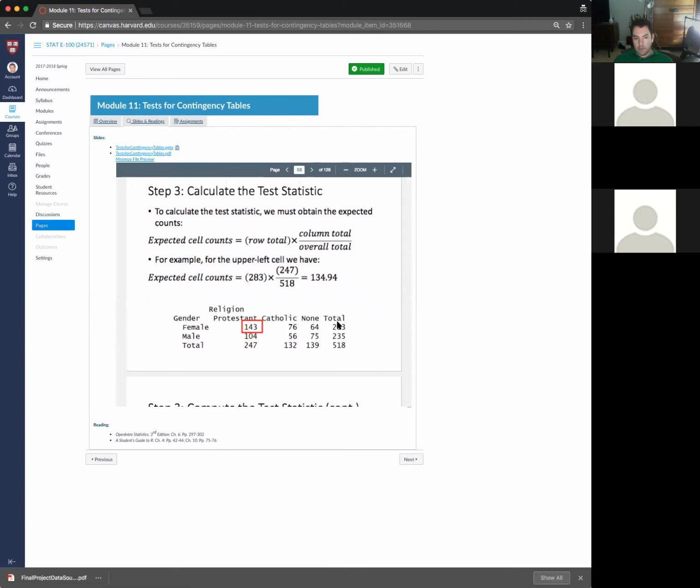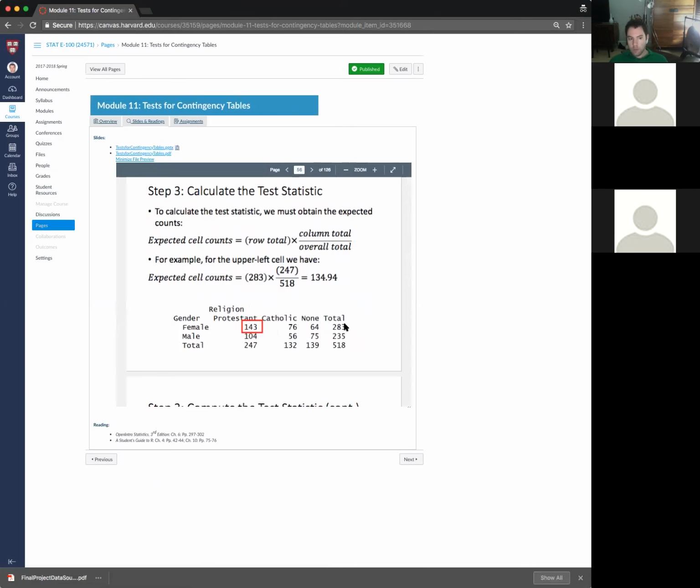So here we could just total them up. 283 females, just by adding these up, we get 283. 235 males, we got that just by summing 104, 56, and 75 together. That equals 235. And then we also did the column totals, and this is the grand total, 518, the sample size.